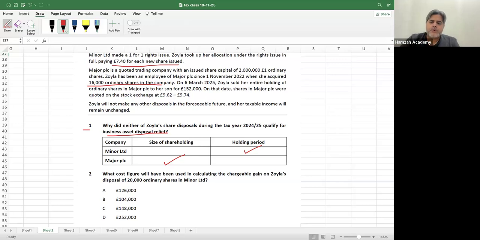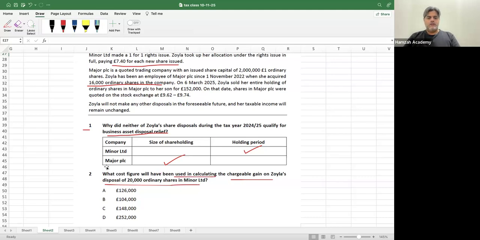Then point number two asks what cost figure will have been used in calculating the chargeable gain on Zoila's disposal of 20,000 shares in Minor Limited over here. So we have to calculate the cost.